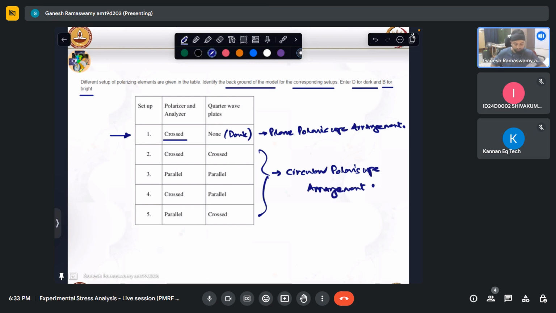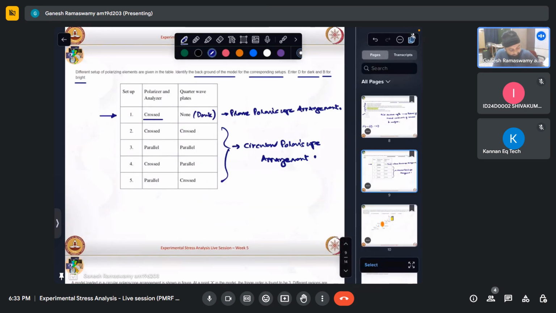Okay, so let us try to work this out. One of the examples, at least.